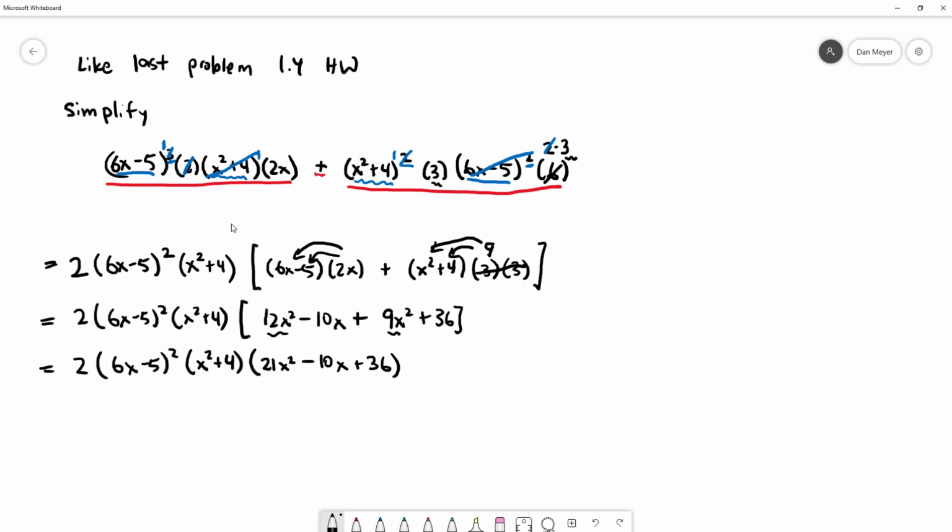Once again, this polynomial here does not factor, nor does this one, nor does x squared plus 4. Those are prime quadratics over the integers, so neither of those factors. And so we're done factoring now, and that'll be our simplified answer.